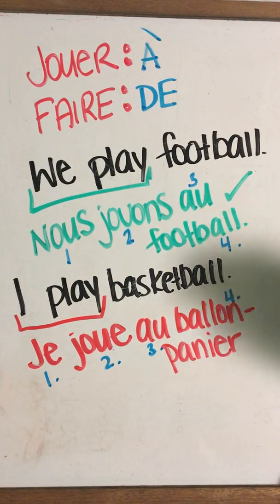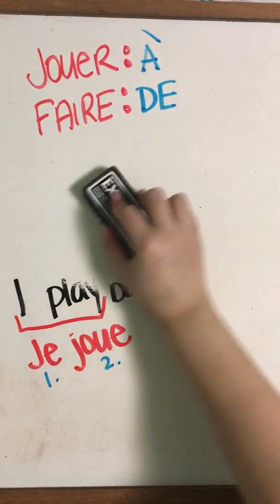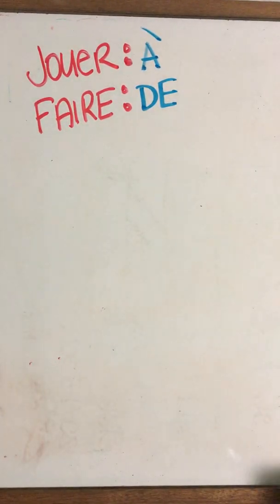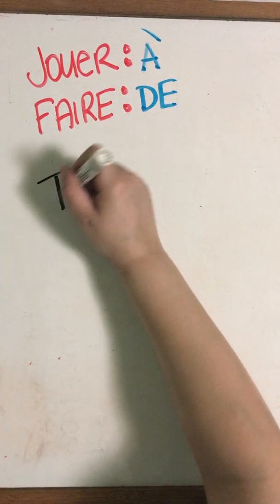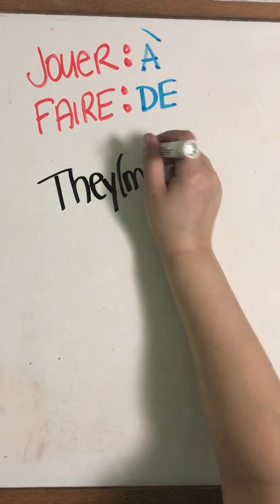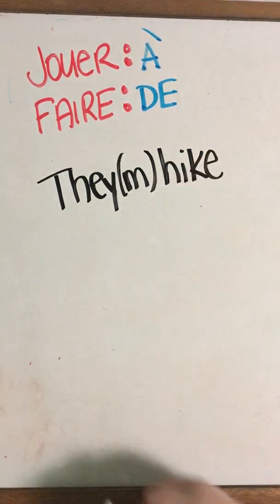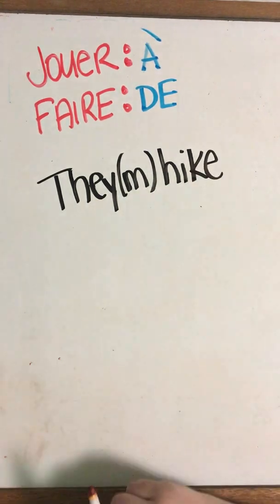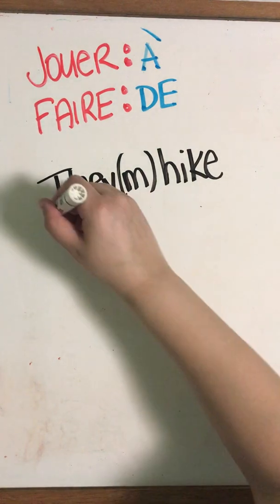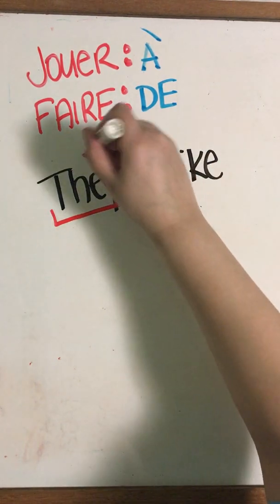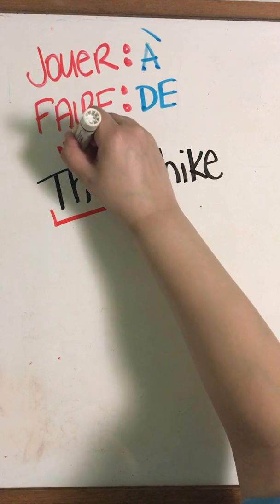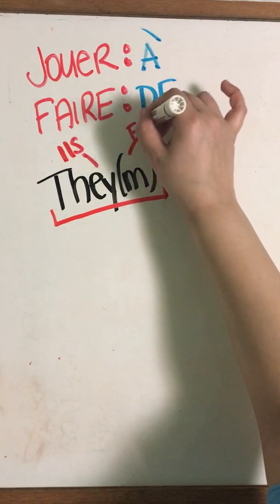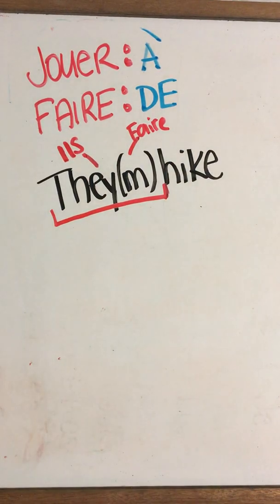Okay, let's quickly move on to do a couple of faire. Okay, so remember, we do not in English say they do hiking. That is incorrect, so please don't do that. In this, I know that this means 2 parts. The ils and the form of faire. Okay, because I have to have 4 parts at the end.